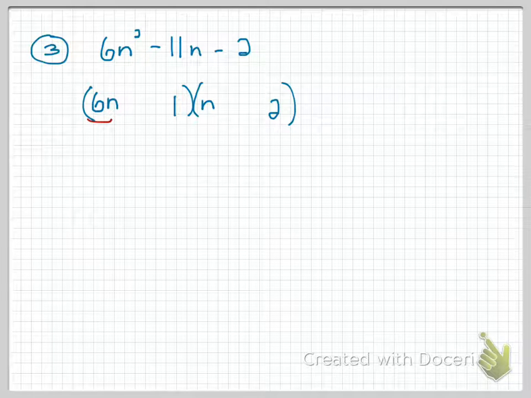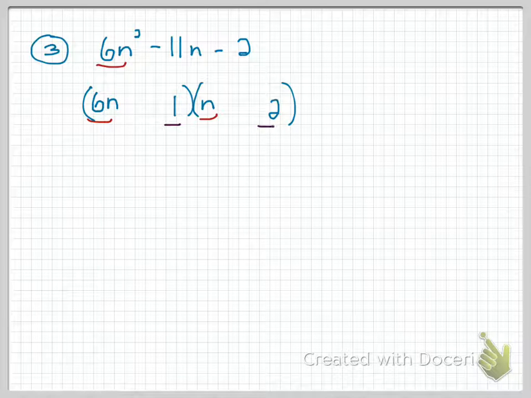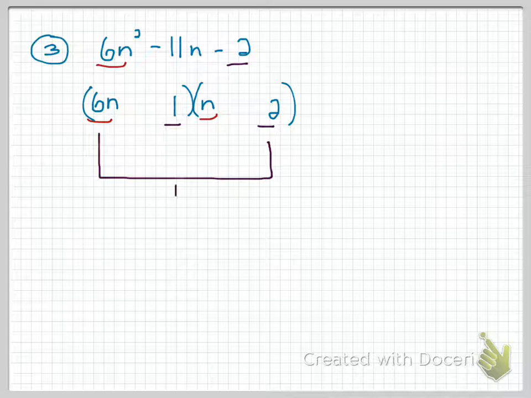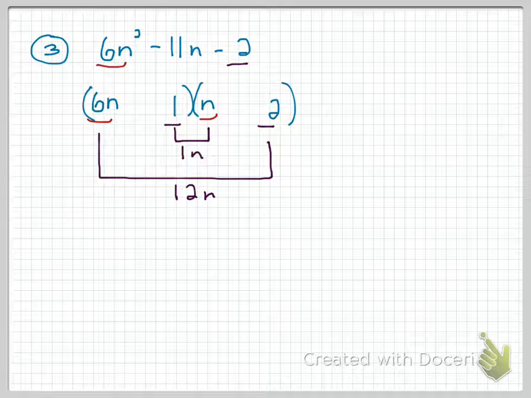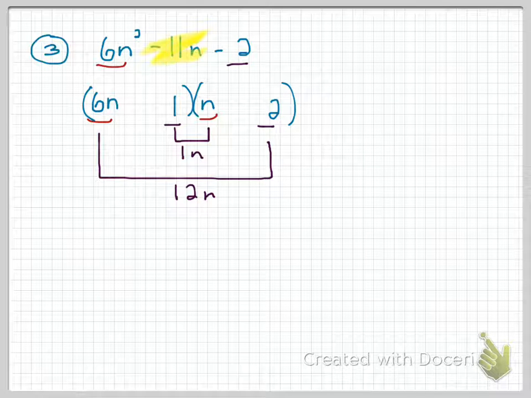First of all, 6n times n gives me the 6n squared, so that works. Then next, the 1 times 2 gives me a 2. And finally, I have to look at this product, which is 12n, and this product, which is 1n, and they have to add up to give me this thing in the middle, the negative 11n.